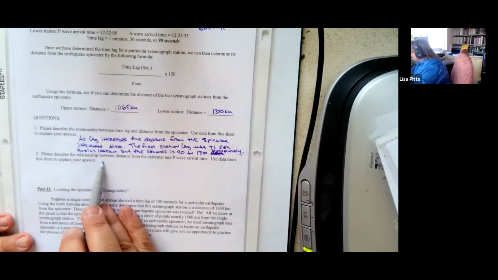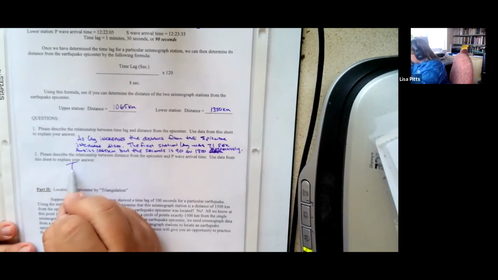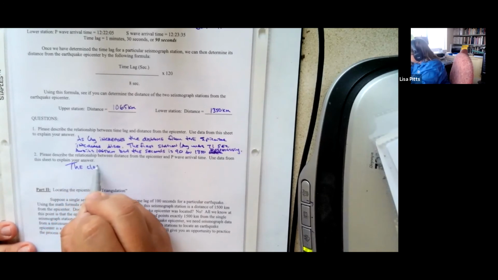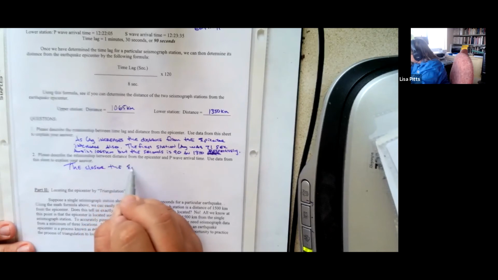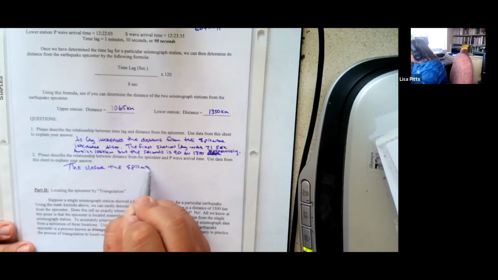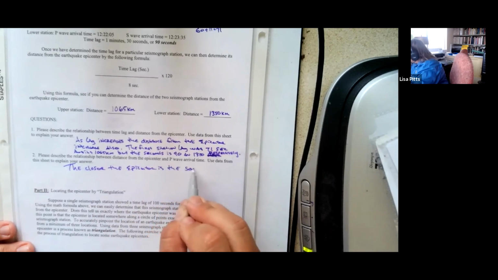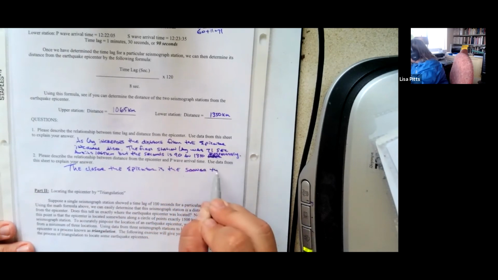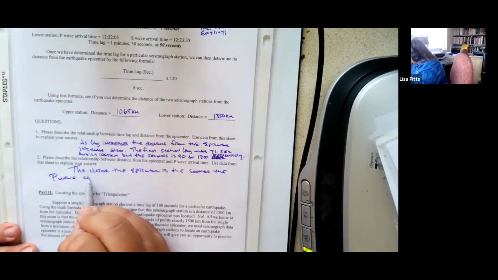All right. Please describe the relationship between the distance from the epicenter and the P wave arrival time. The closer the epicenter is, the sooner the P wave can arrive.